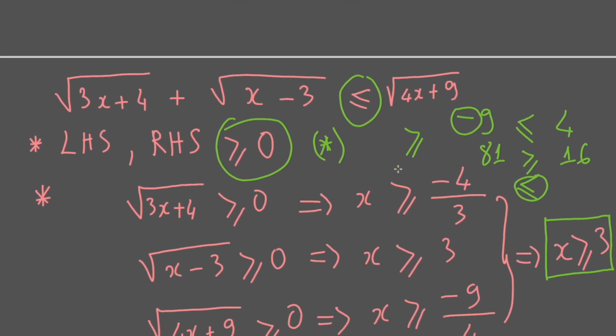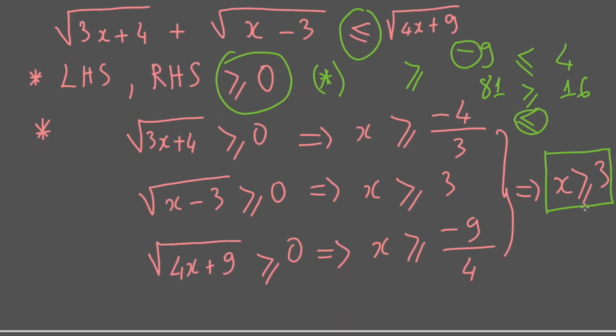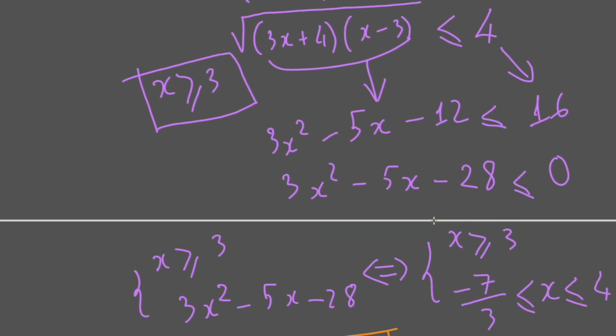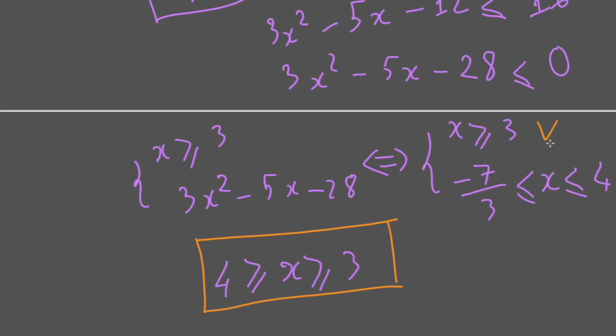And another thing is to put the condition of x like this. So finally you combine this condition and the solution of this equation, and you have the final result of the inequation.